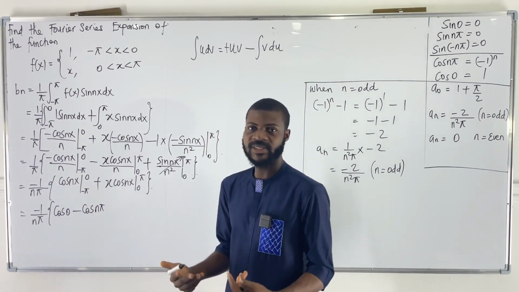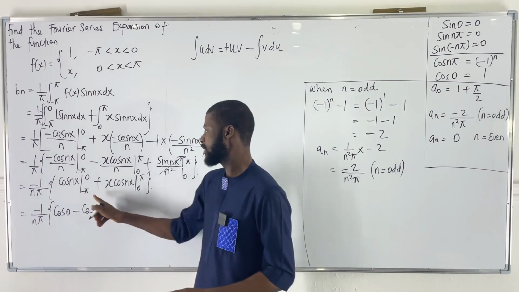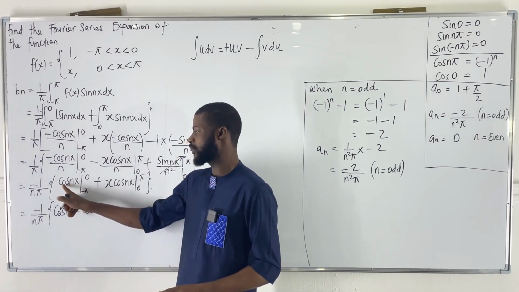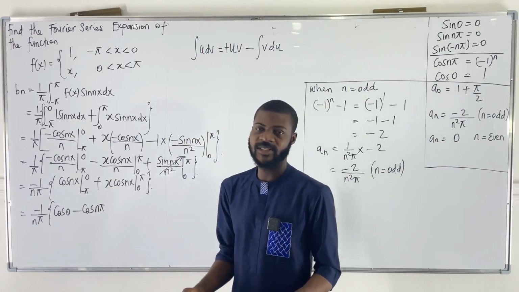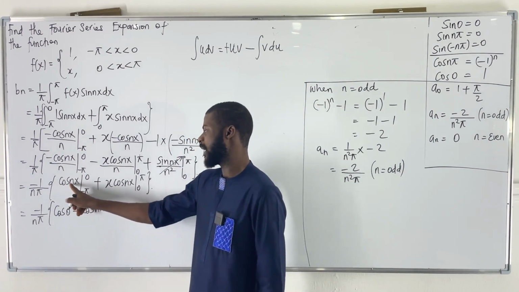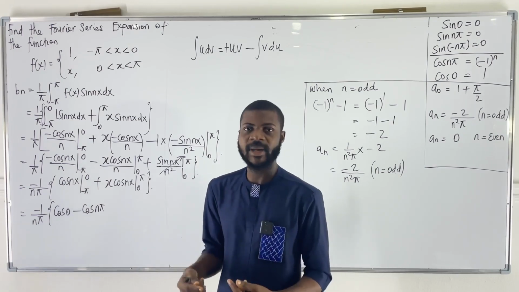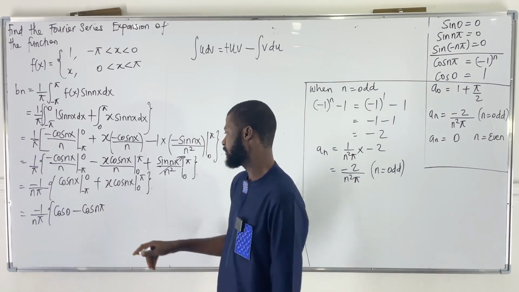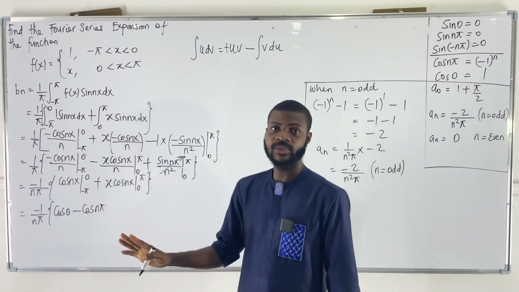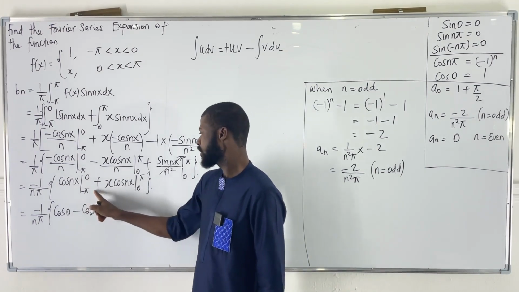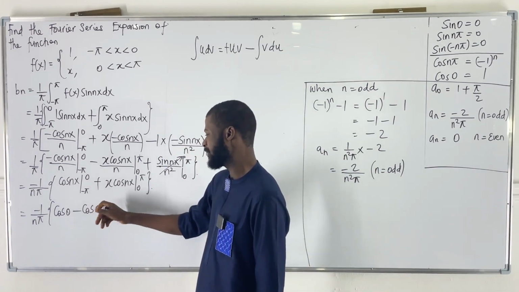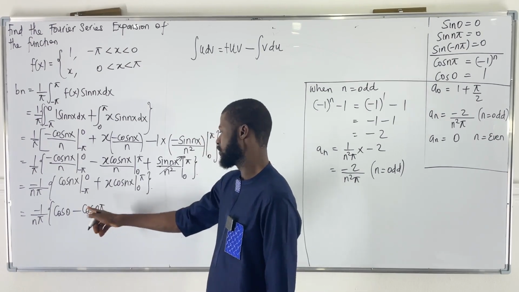I think in previous examples I've explained this, that if you put a negative angle into cosine, it's the same as when it's positive. So instead of writing minus n pi, let me just put n pi. I think I'm going to make a video soon on even and odd functions.